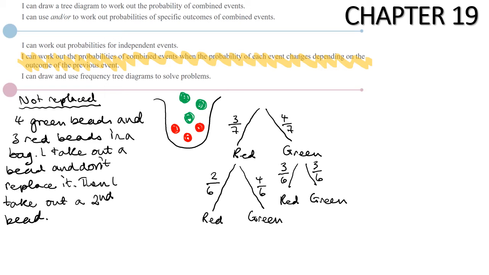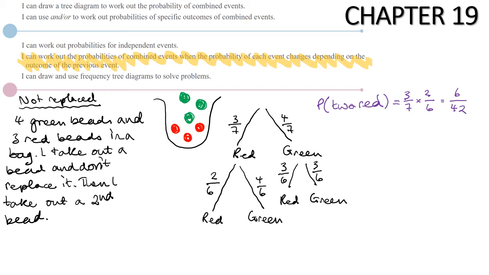So let's say, for example, I want you to know the probability that I pick 2 red beads. That means a red bead followed by another red bead. So that's 3 over 7, the probability of picking my first red bead, times 2 over 6, the probability of picking my second red bead, which would be 6 over 42.